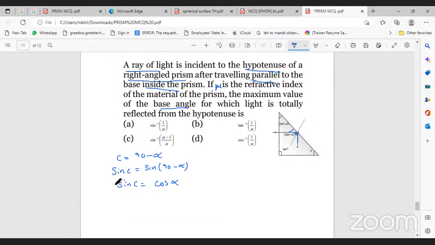You know how sin C and the refractive index are related: sin C is equal to 1 divided by the refractive index. So 1 by mu is equal to cos alpha.